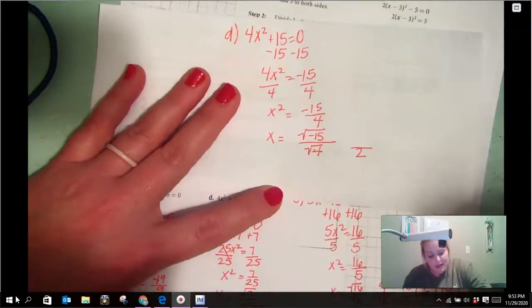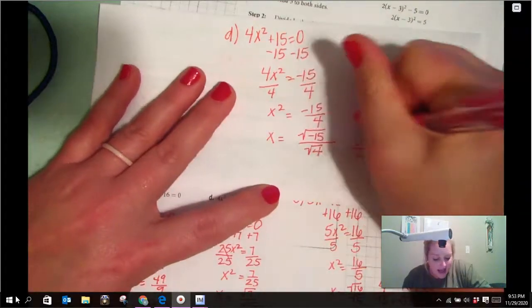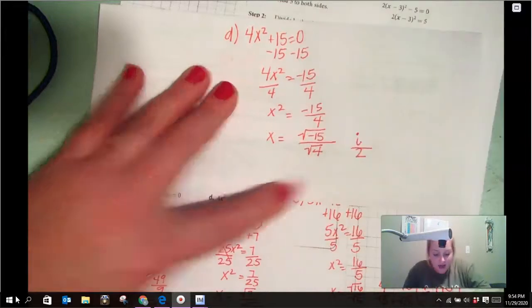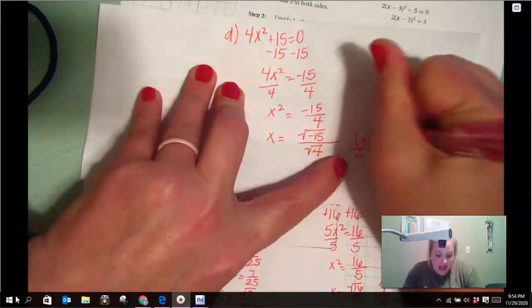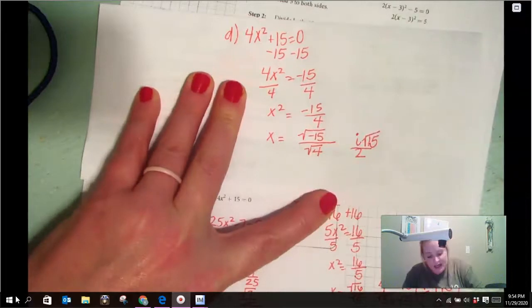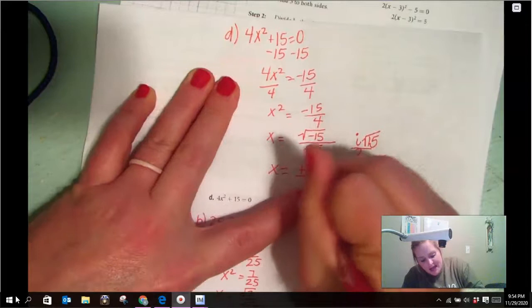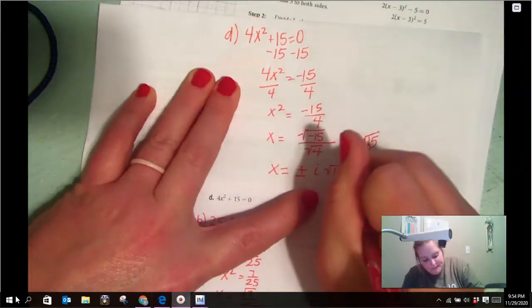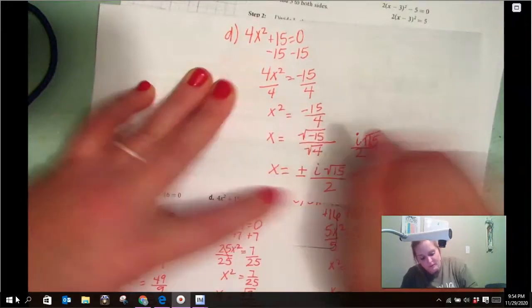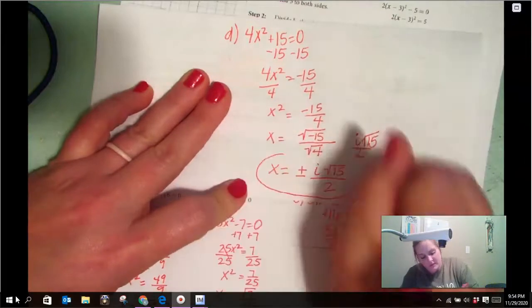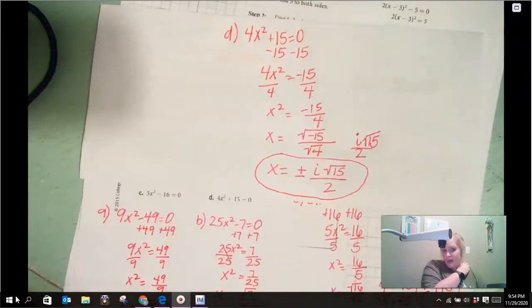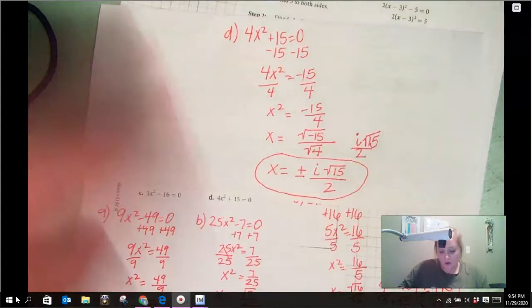So what I'm going to do is take out the negative and leave 15 in the house, just like that. And I need to put plus or minus. So plus or minus i square root of 15 over 2. Okay? Cool. So that's the first part.